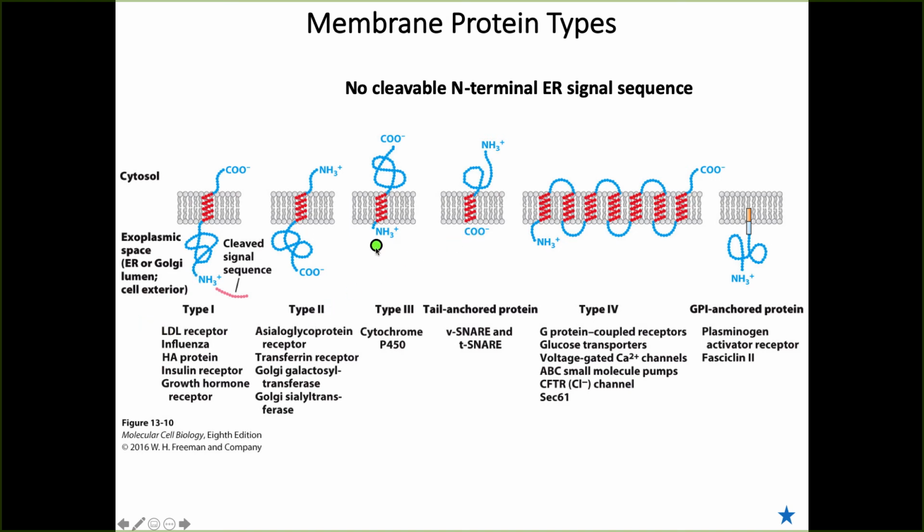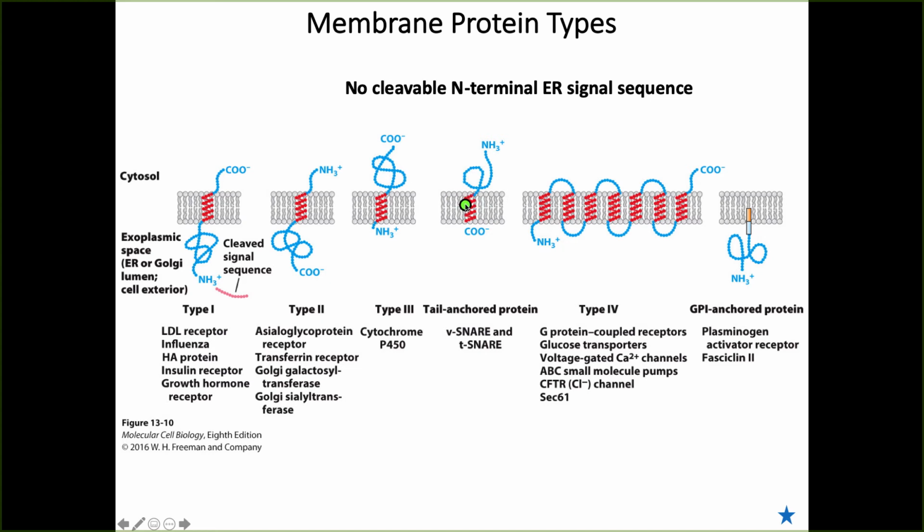Then you have type 3, which has the C-terminal on the other side, and just a very small portion of the N-terminal on this side, and this doesn't even have a signal sequence either. This one is called a tail-anchored protein.